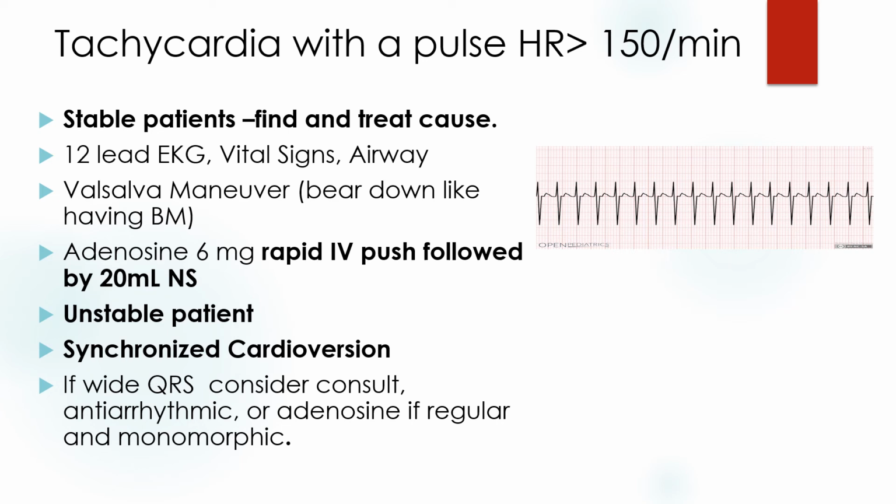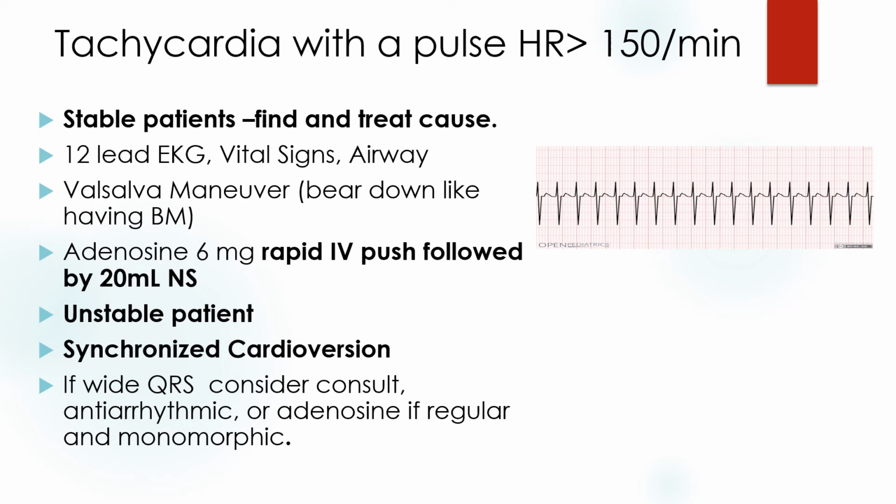But if this doesn't work, we can give a medication called adenosine, and we will give 6 milligrams. It is a rapid IV push followed by 20 mL of normal saline, and we usually use a 2-way stopcock. This allows us to not delay in pushing the adenosine followed by the normal saline.